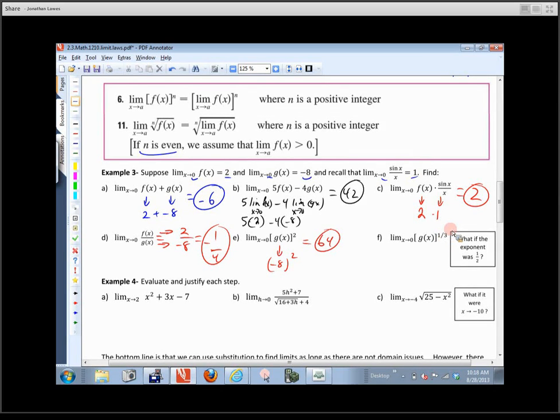It represents the cube root here. So I can find the cube root of the limit as x approaches 0 of g of x. That's the same as the cube root of -8. So my answer is -2 on that one. What if that exponent right here had been a 1/2? Couldn't have done it because we'd have an even root of a negative, and we said that didn't work. Okay? Any questions there?